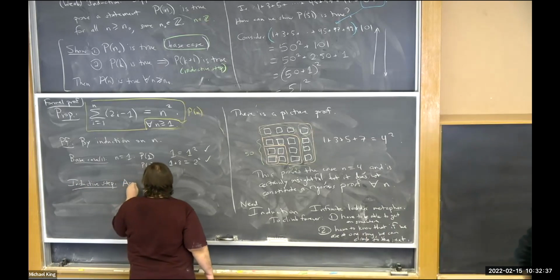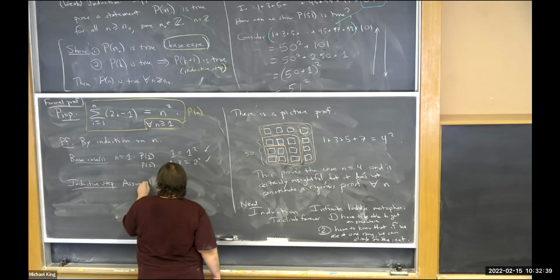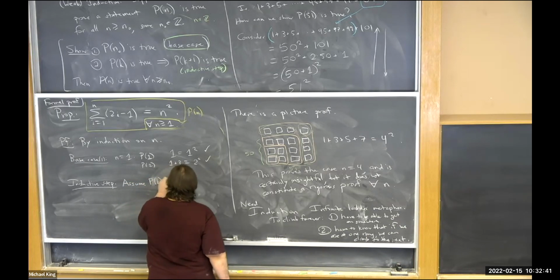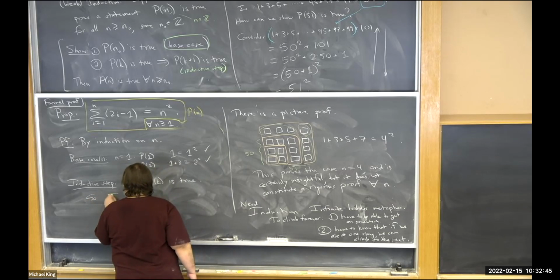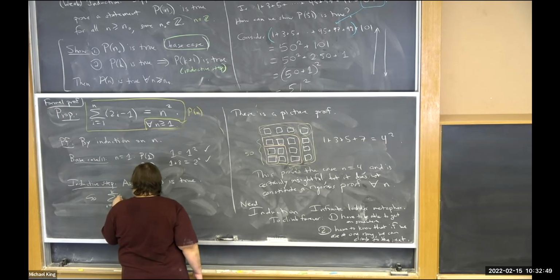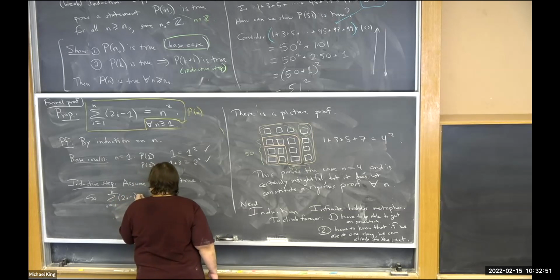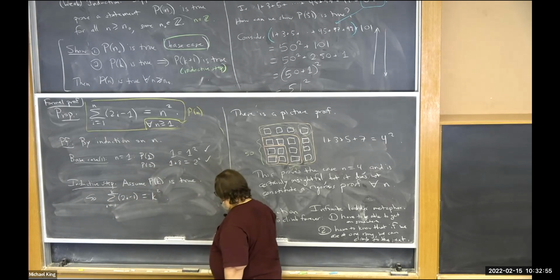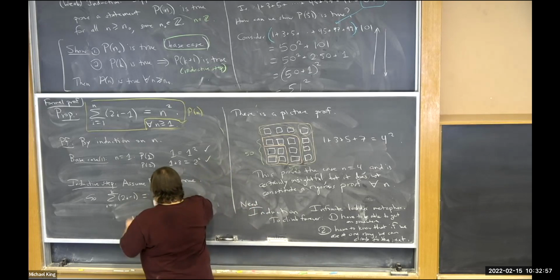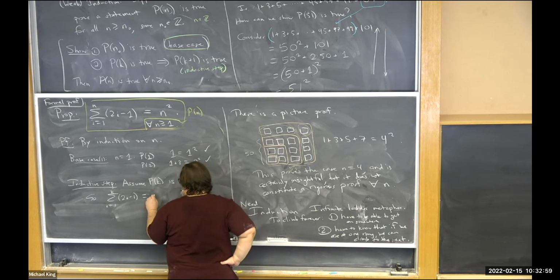Assume P of k is true. So the sum i equals 1 to k of 2i minus 1 equals k squared. I'm just using summation notation because that's also a little more rigorous than using dot, dot, dot.